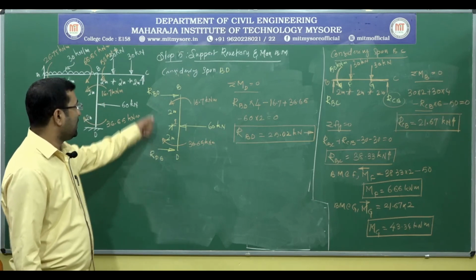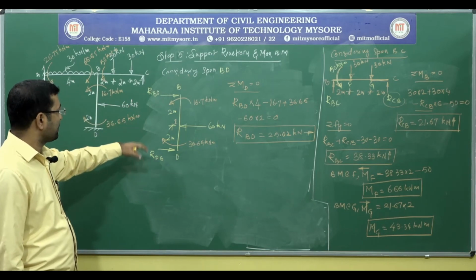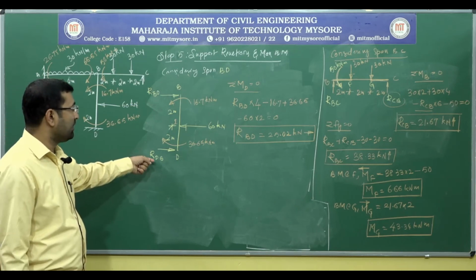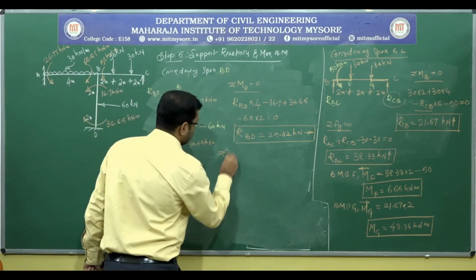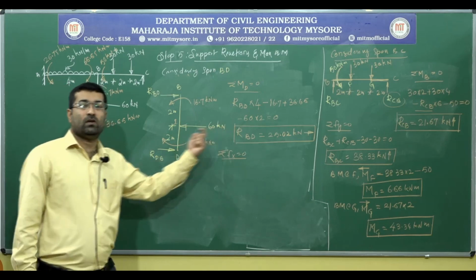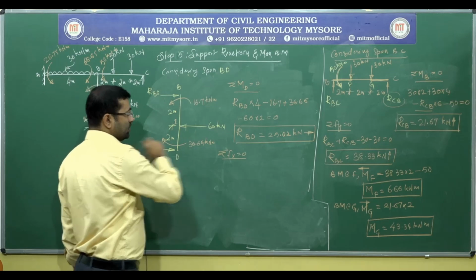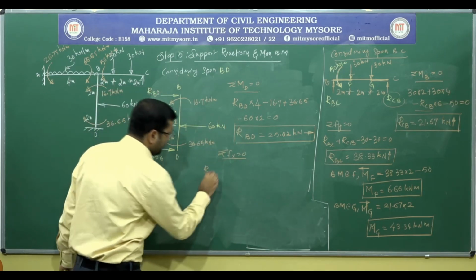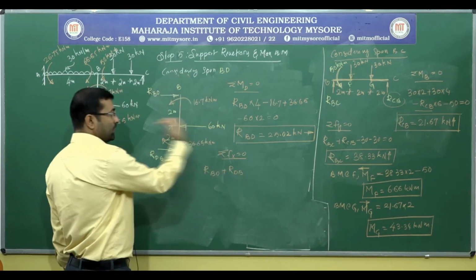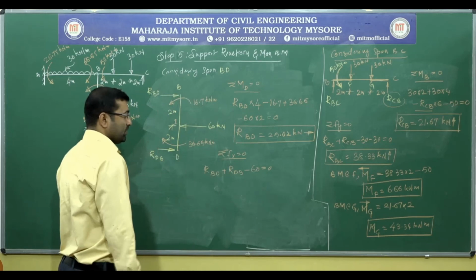Now similarly I need the RDB value, correct. If I impose one more equilibrium condition, summation of Fx equals 0, then we will get the value of RDB. Here, if I take the algebraic sum of all the horizontal forces equal to 0, then RBD and RDB are acting in the positive x direction, RBD plus RDB, and this 60 kilonewton is acting in the negative x direction, so it is minus 60 equals 0.